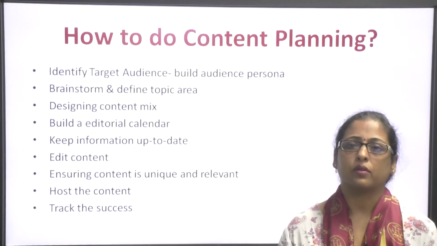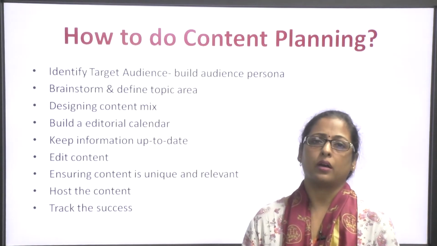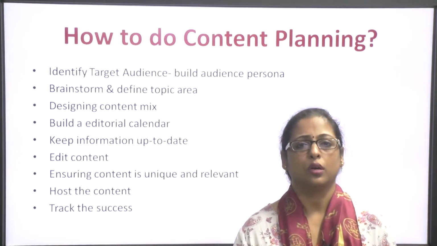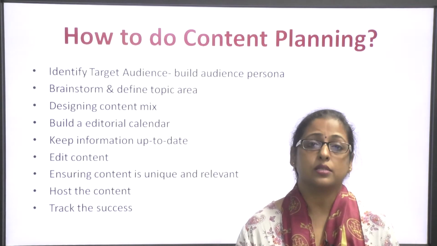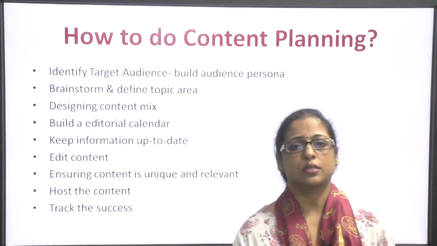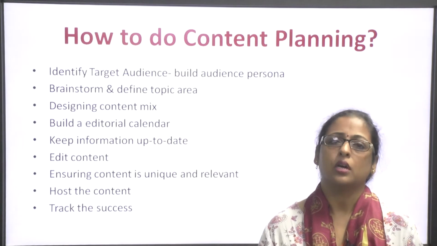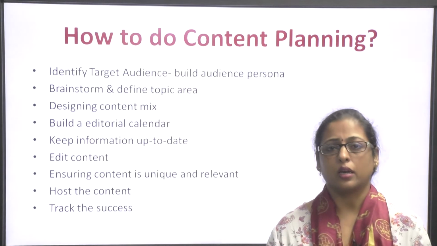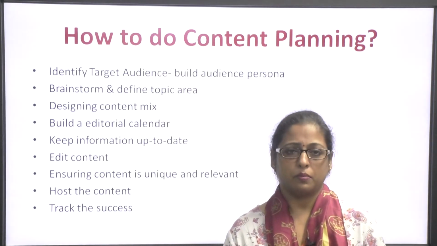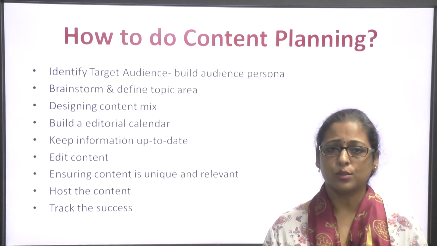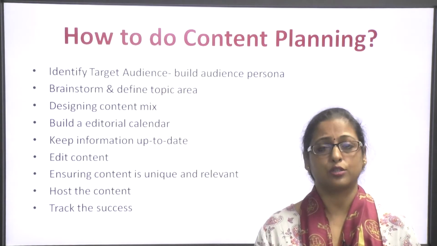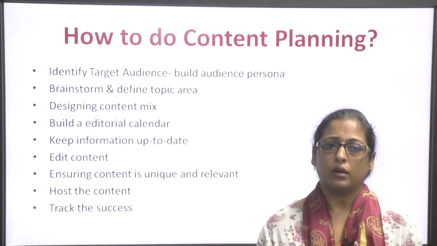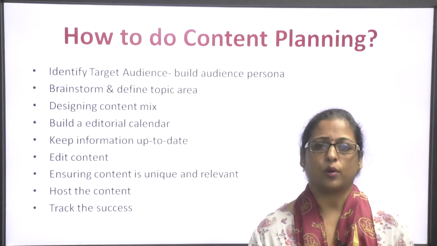If I am writing something on sports, there are chances that females would not read it, because as a habit they are not as interested in sports activities or sports blogs in comparison to males. So defining the topic of the content is very important and should be in line with the targeted audience.